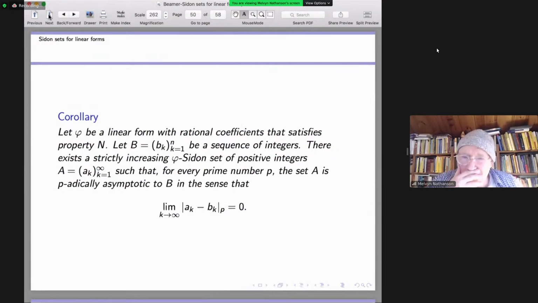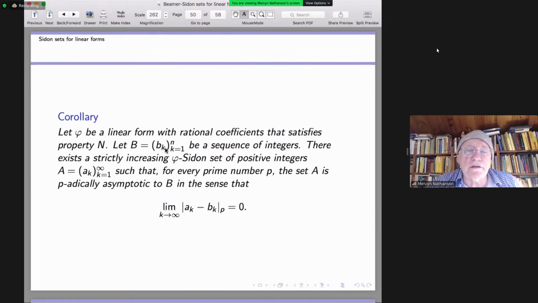And in particular, if you just let your epsilon k's go to 0, if phi is a linear form with rational coefficients that satisfies this property, and b_k is any sequence of integers, there is a strictly increasing phi Sidon set of positive integers A, such that for every prime number p, the set A is p-adically asymptotic to B, in the sense that for fixed p, the p-adic value of a_k minus b_k goes to 0 as k goes to infinity.